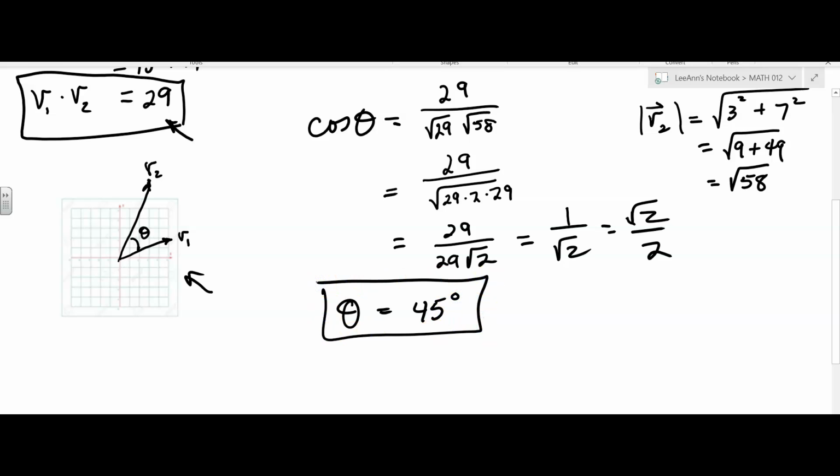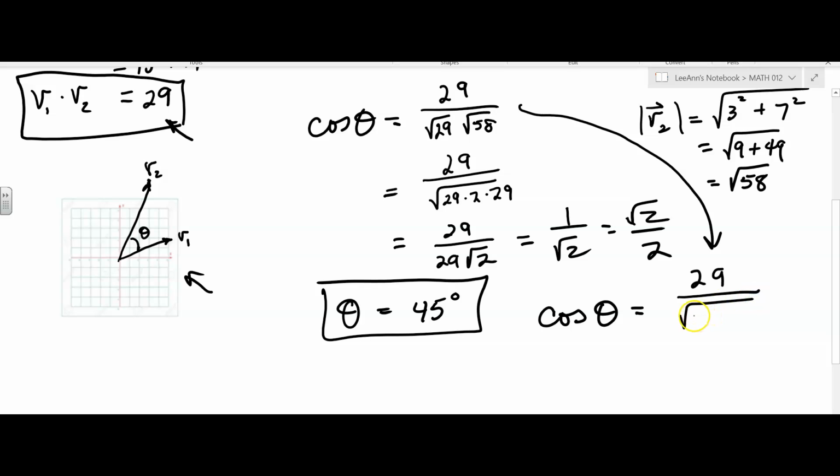But to show you the calculator way, because it might not always work out super nice. So you have the cosine theta of 29 over, so then multiply out those square roots. You get the square root of 1682, I had it on my calculator. And then you'll have to find theta, you'll have to go inverse cosine, and then it's going to be 29 divided by the square root of 1682.